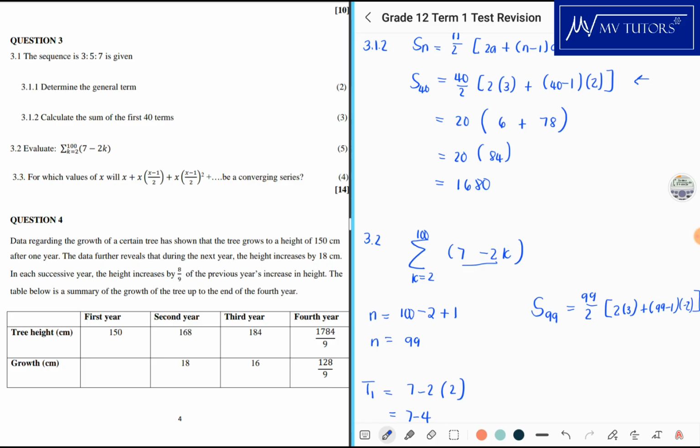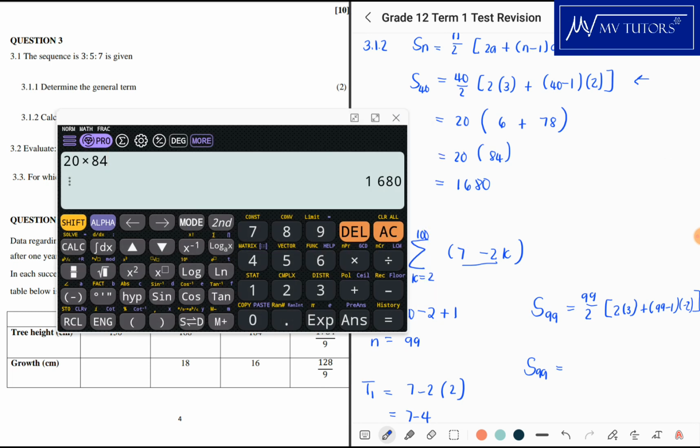So the sum of the first 99, oh, not really the first 99 terms, it's just the sum of these 99 terms. I'm just going to put everything in the calculator as it is so that I don't complicate my life. Let me put it as it is.